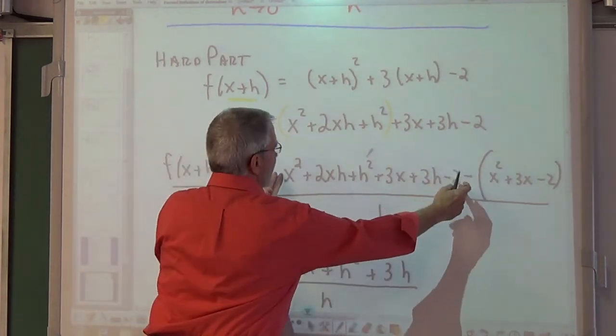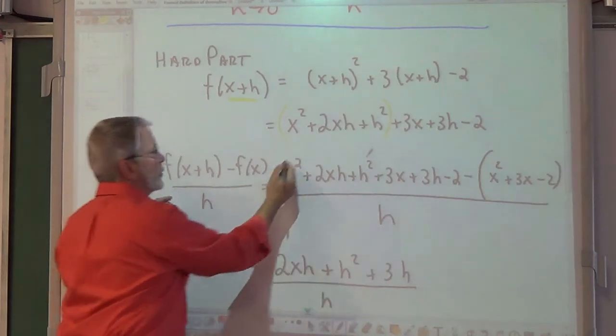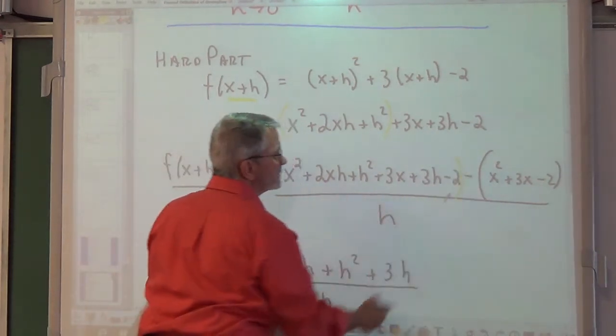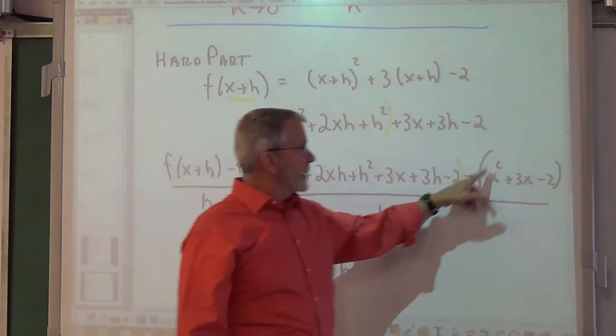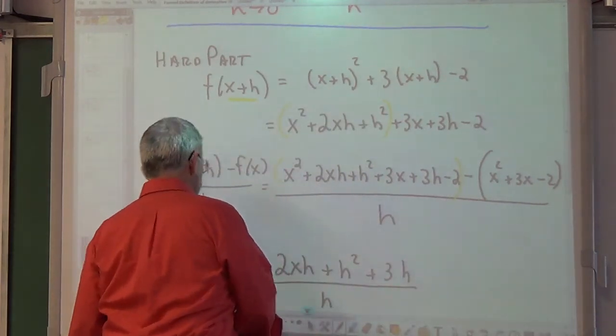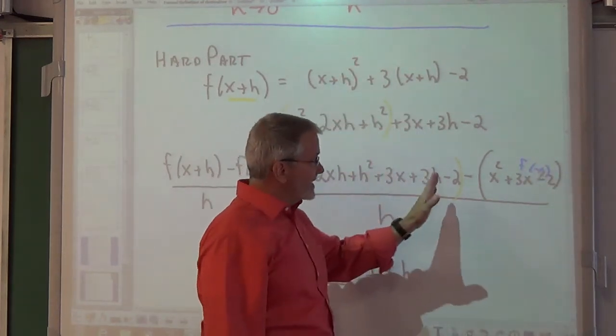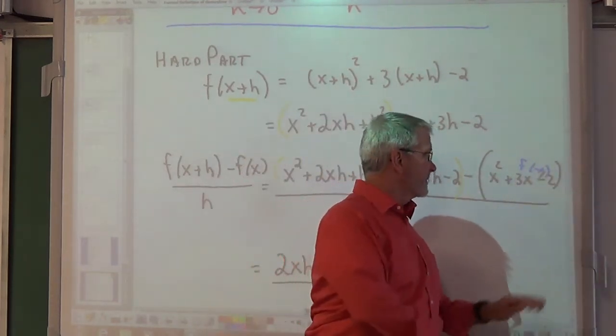This guy right here is the f of x plus h, if you will. And I'm going to use a big parentheses. This right here is f of x, minus all of f of x.